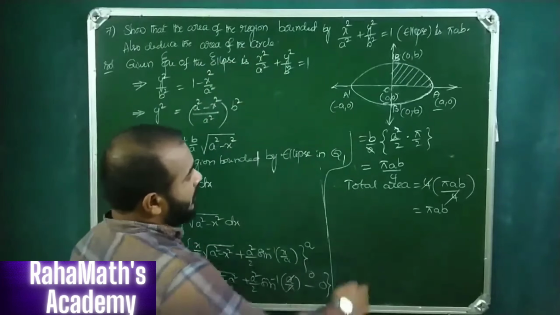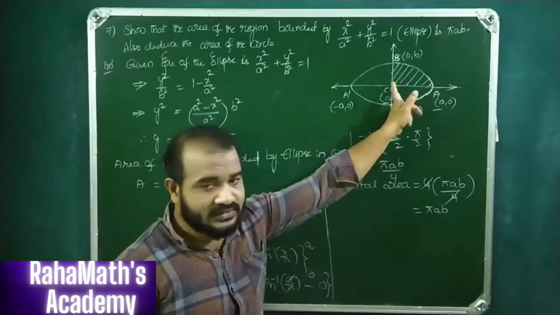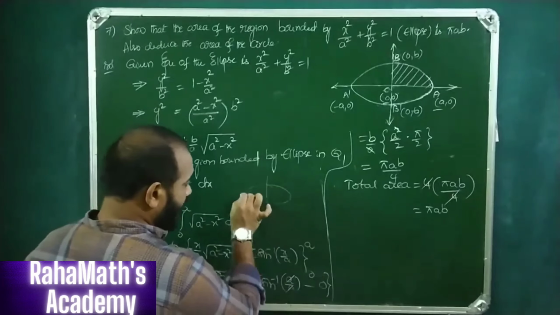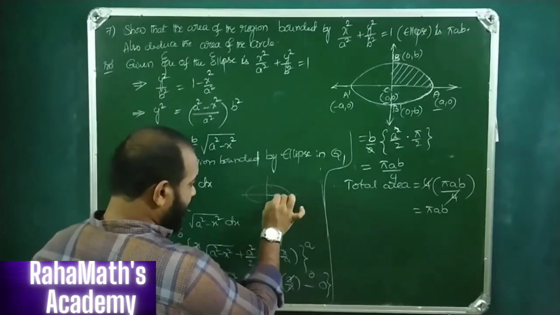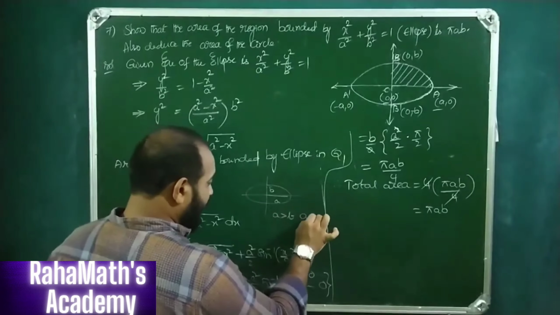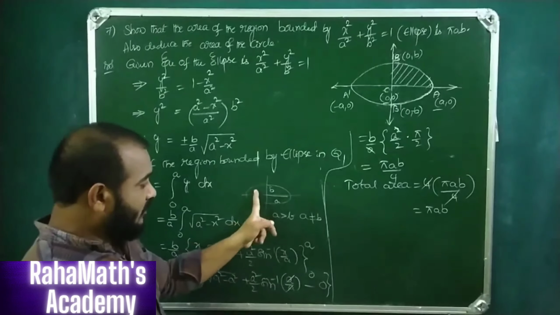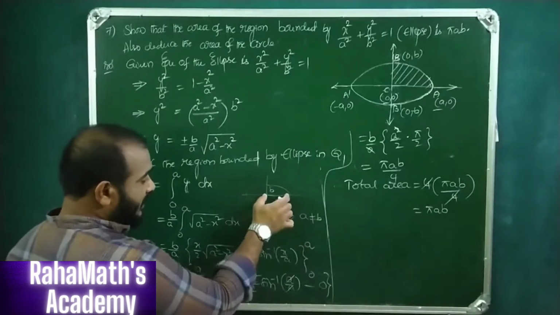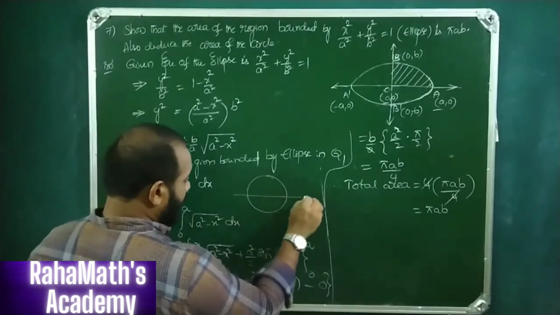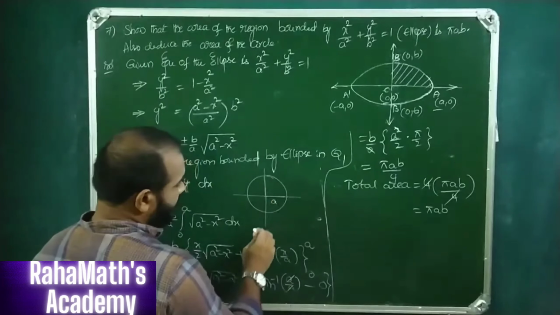And not only this, also deduce the area of the circle. For the ellipse to be a circle, here this is a and this is b. a is greater than b, in essence a not equal to b. For this ellipse to be a circle, this and this should be equal. That means this is a and this b is also a.